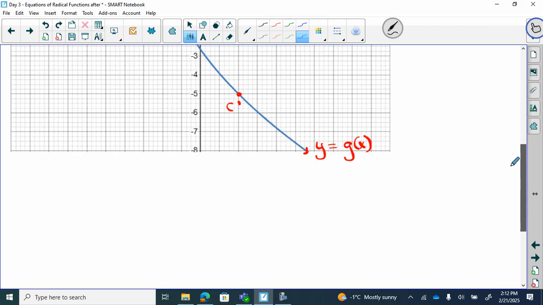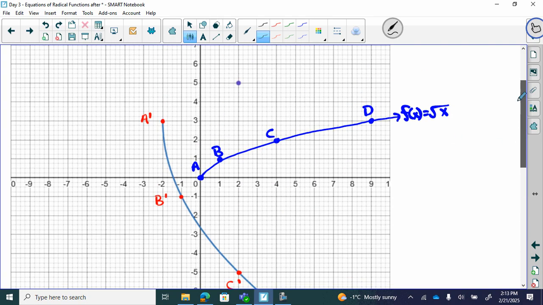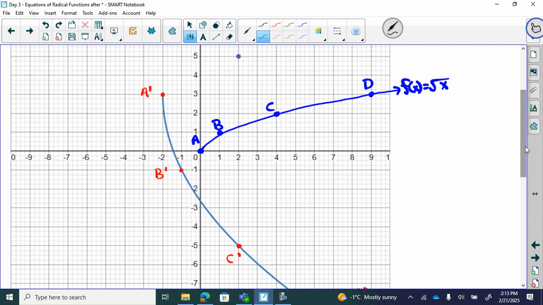What I need to do, just like in chapter 1, is ask myself, are there any reflections? I hear someone say yes. What axis is it reflected in? It's reflected in the x-axis.